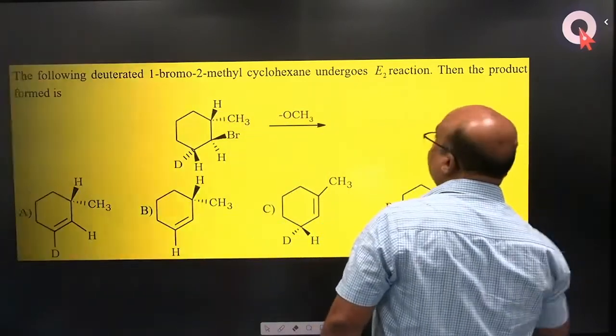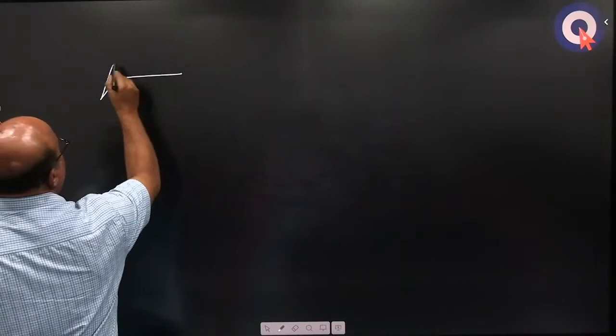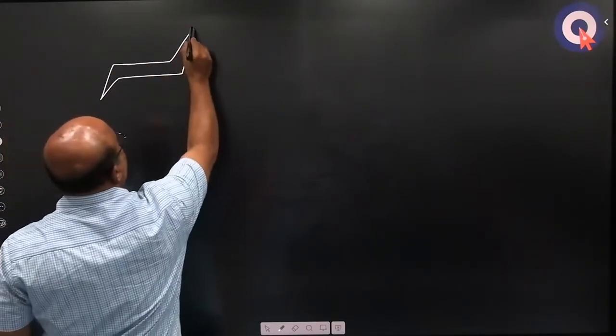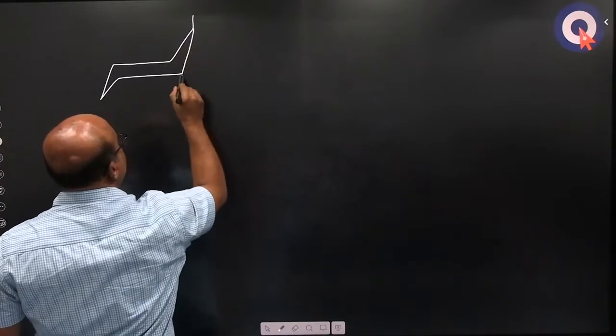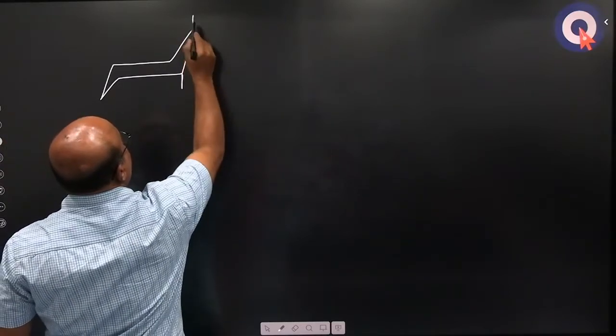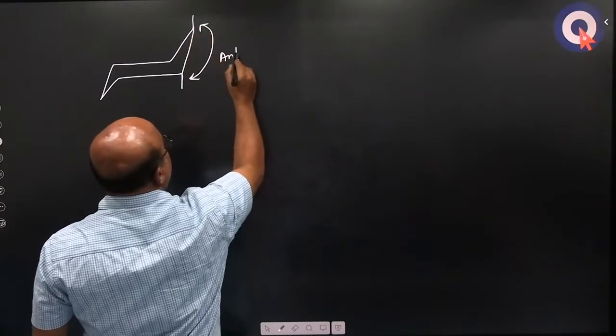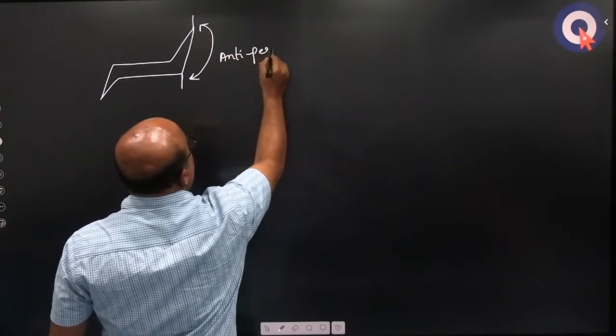So if it is a chair conformation, then the axial bonds exist completely anti-periplanar.